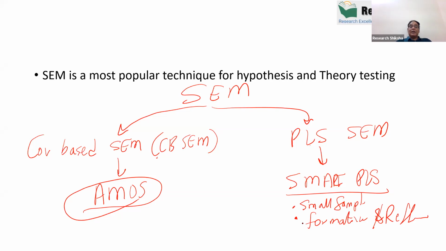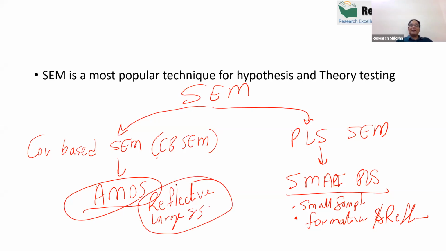AMOS is used for examining reflective constructs. If your SEM is based on reflective constructs, then you go for AMOS. If you have a large sample size, then you can apply AMOS. So reflective and large sample size, we go for AMOS. Small sample or formative, we can go for Smart PLS. So now I am showing you AMOS first, then I will show you PLS-SEM.